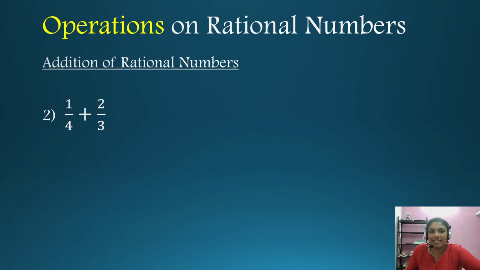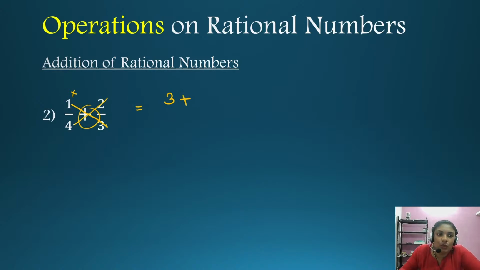Let's see another question. 1 by 4 plus 2 by 3. Here denominators are different, right? So what will you do? If you want, you can take LCM. Otherwise, you can use the cross multiplication method. I will show you how. You have to multiply like this. 1 into 3, that is 3. Then the middle operation sign.